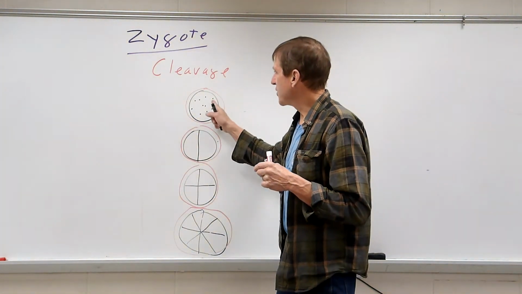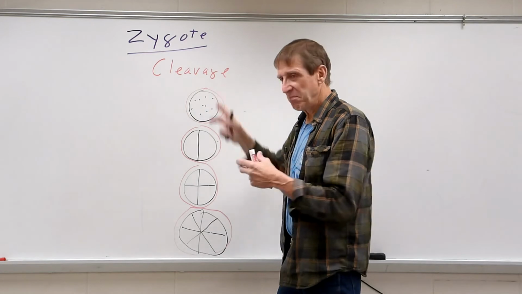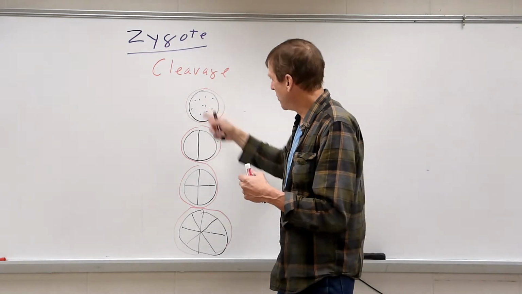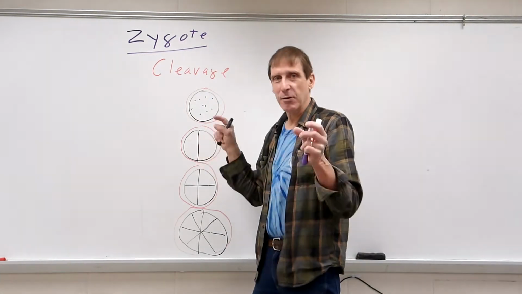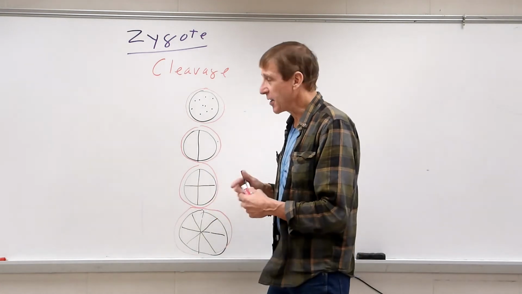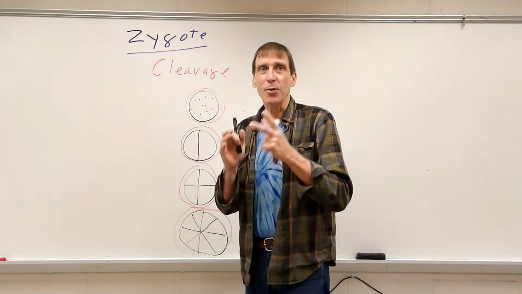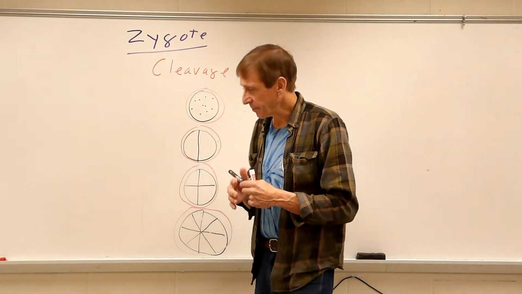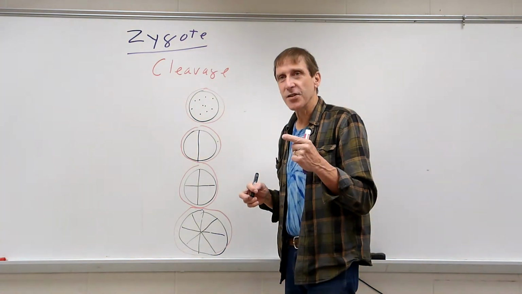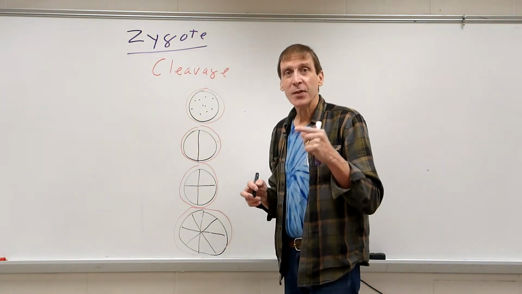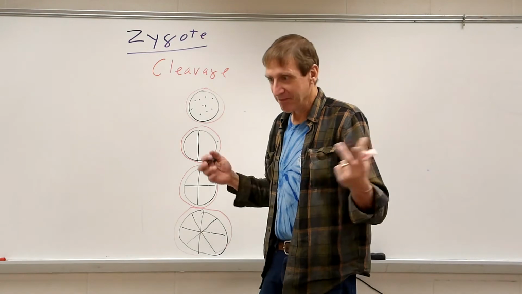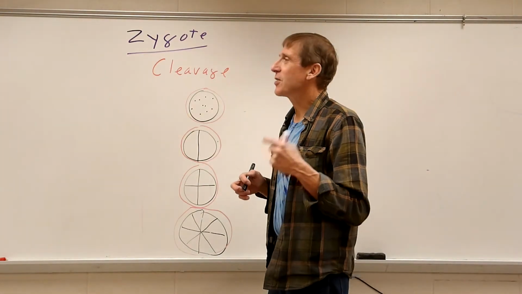Because sea urchins have very little yolk, it doesn't have much of an impact. So when this cell divides, it just divides cleanly right through. If the egg or the cells divide completely, that type of cleavage, surprisingly enough, is called complete cleavage. Yes, it divides completely. There's another term for it.